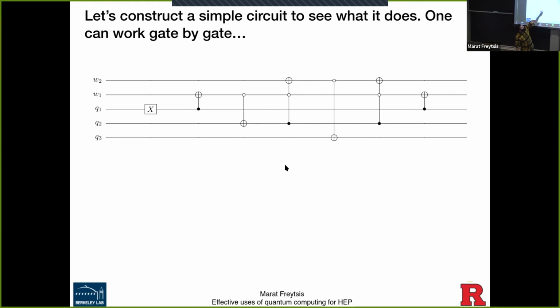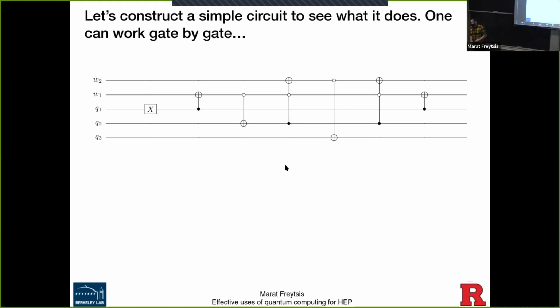Where there are two dots on a line, it means it's a double controlled gate, where for example in this middle one here, you only implement a NOT if Q2 is in the 1 state and W1 is in the 0 state.